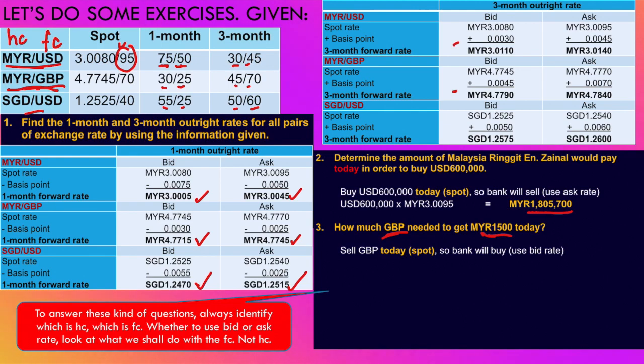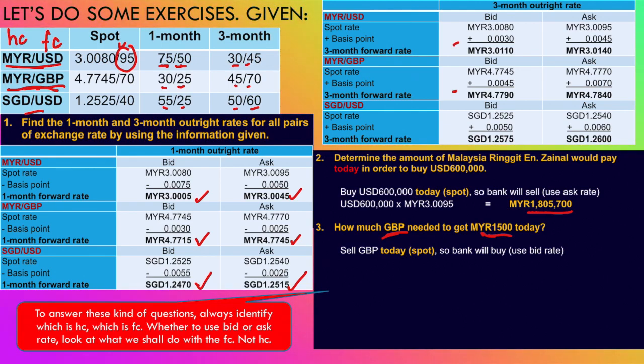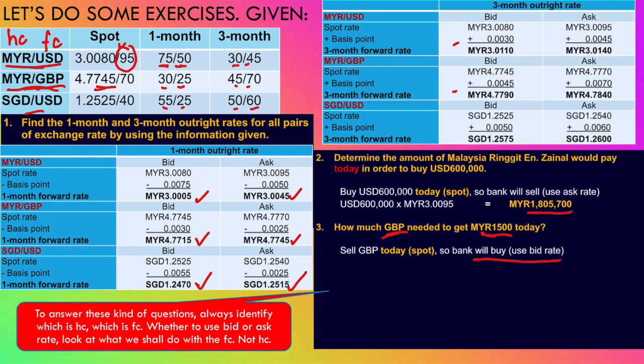So this customer sells GBP today at the spot rate. So bank will buy and use the bid rate, the spot bid rate. Let's look at the answer.